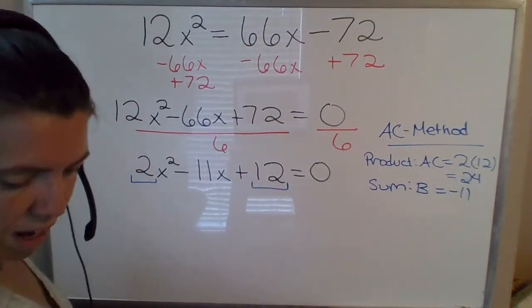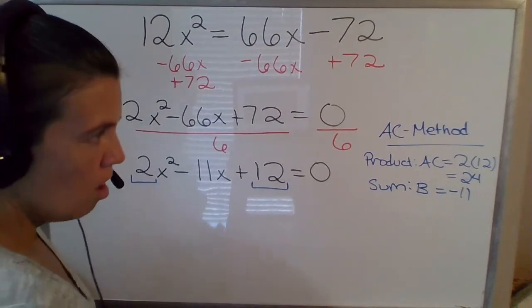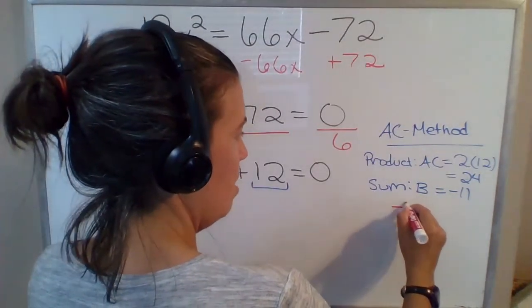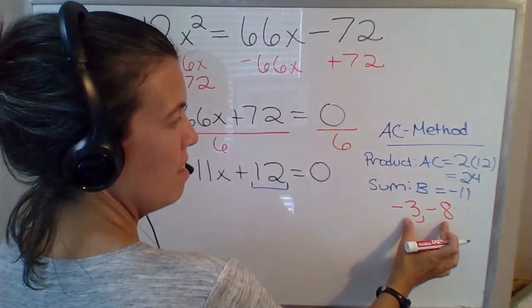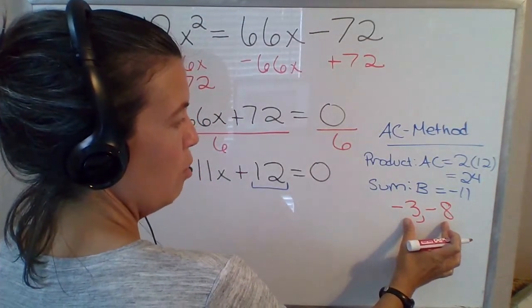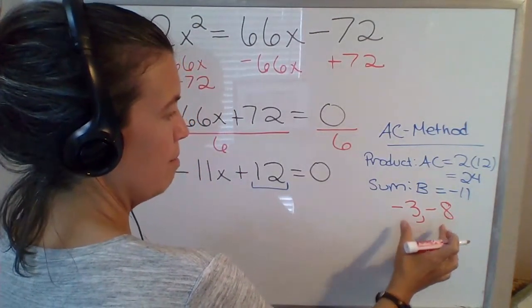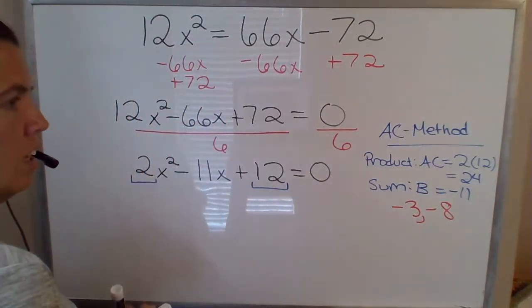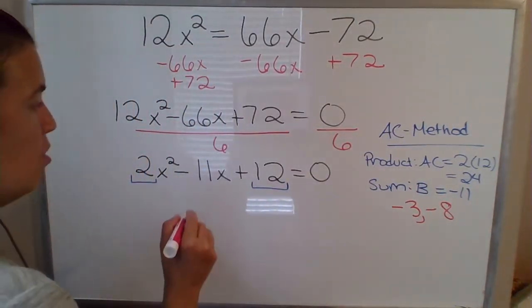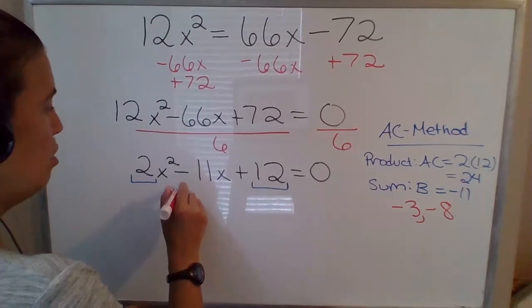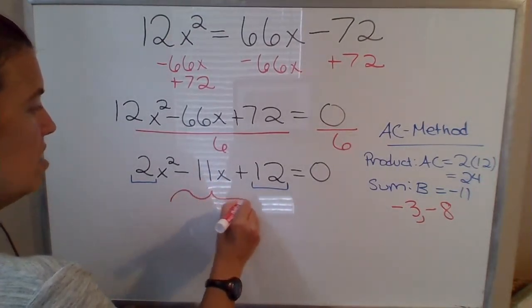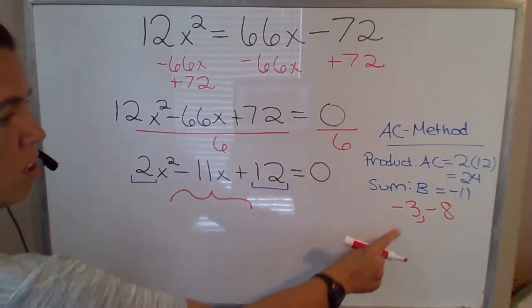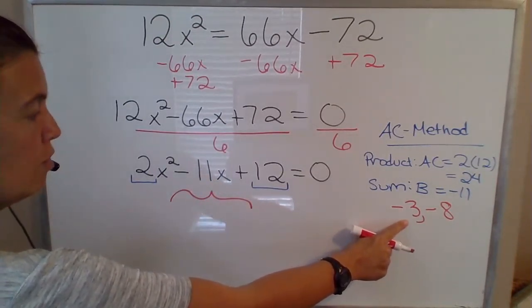So the two magic numbers there are negative 3 and negative 8. When you multiply them, you get positive 24. When you add them, you get negative 11. Now, with the AC method, the way this works is you take this middle term, so the minus 11x, and you expand it into two separate terms using these two numbers that we just found over here.